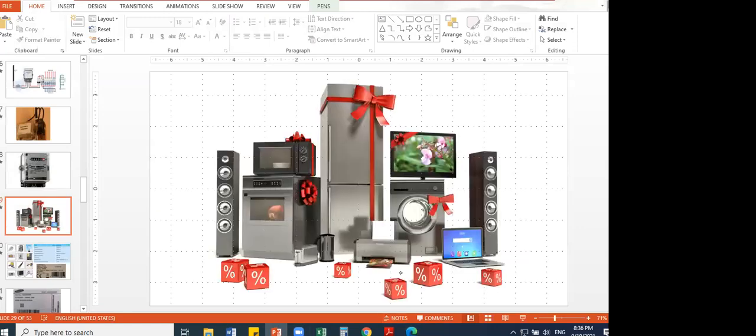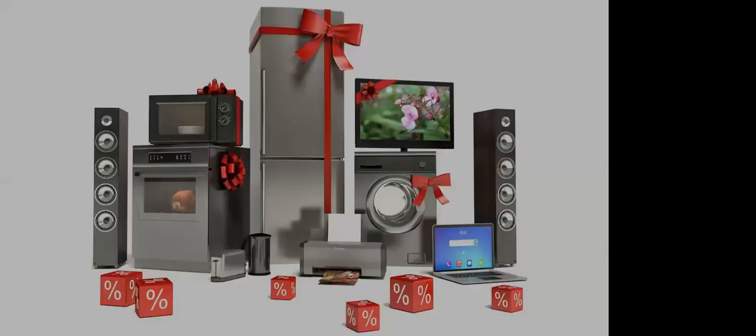When you are going to buy electrical appliances, if you go to an electrical shop or showroom to buy any of these components, what are the things you should ask them before you buy? Who can tell me some information you should ask before you buy any electrical appliance? Any volunteers?